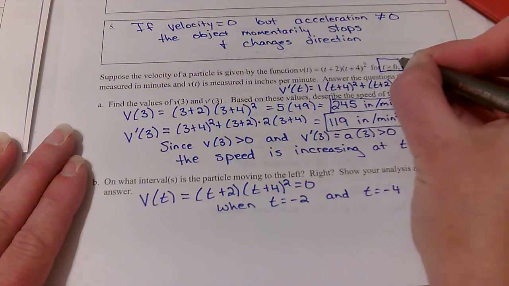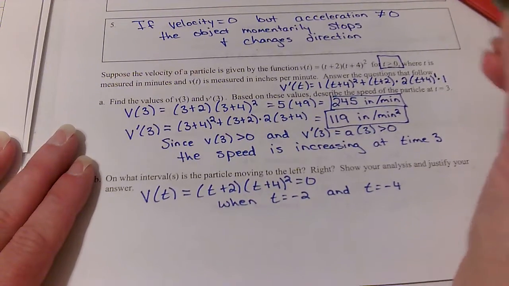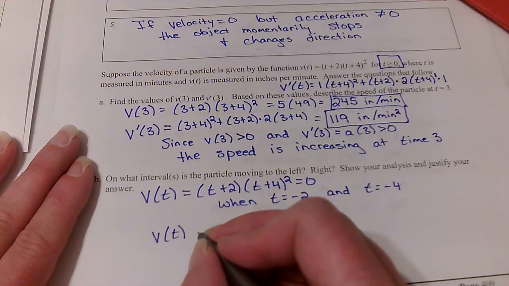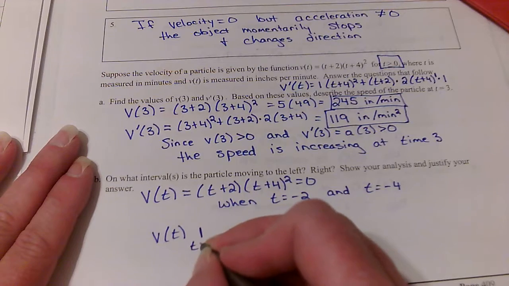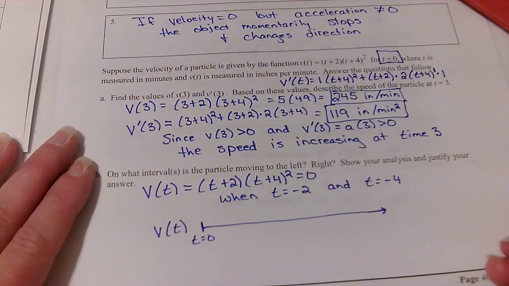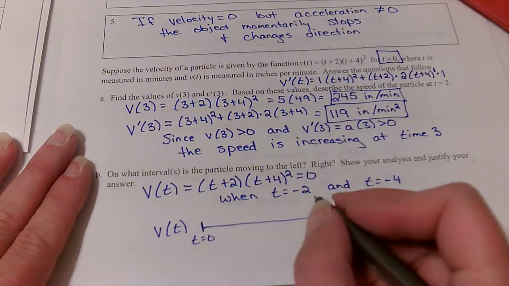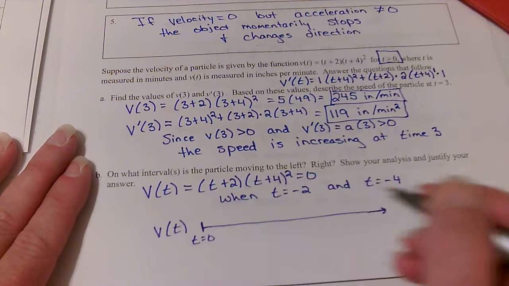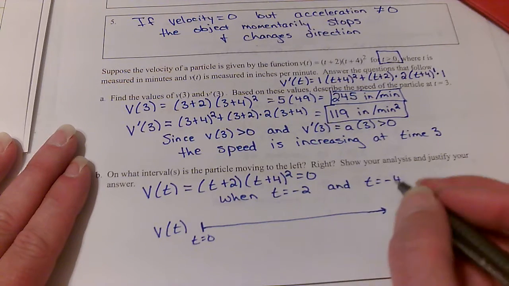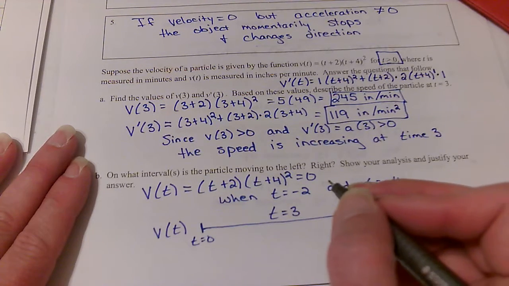But it told us at the beginning that we're talking about time greater than or equal to 0. So if I'm thinking about the number line, it's starting at t equals 0, and our number line would be going this way as far as time. Negative 2 and negative 4 are on the other side, so velocity is not going to be 0 anywhere in this interval. So I just need to pick a value. How about 3? What was it at 3?